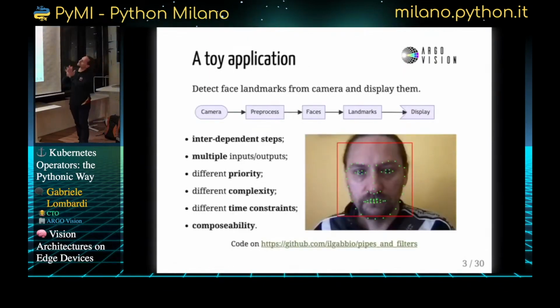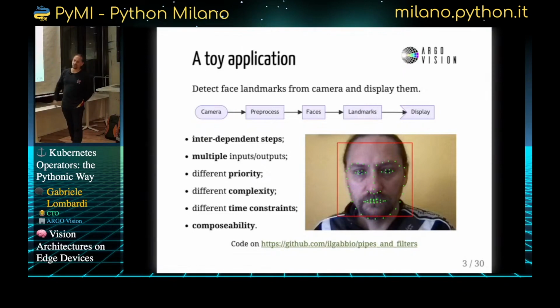We will take a look at a toy problem, a really easy problem: having a video stream from a camera, detecting faces, and on those faces detecting facial landmarks. Okay, that's something we used. We also developed the face detector and landmark detector from the algorithm point of view, but that's not the point for today.